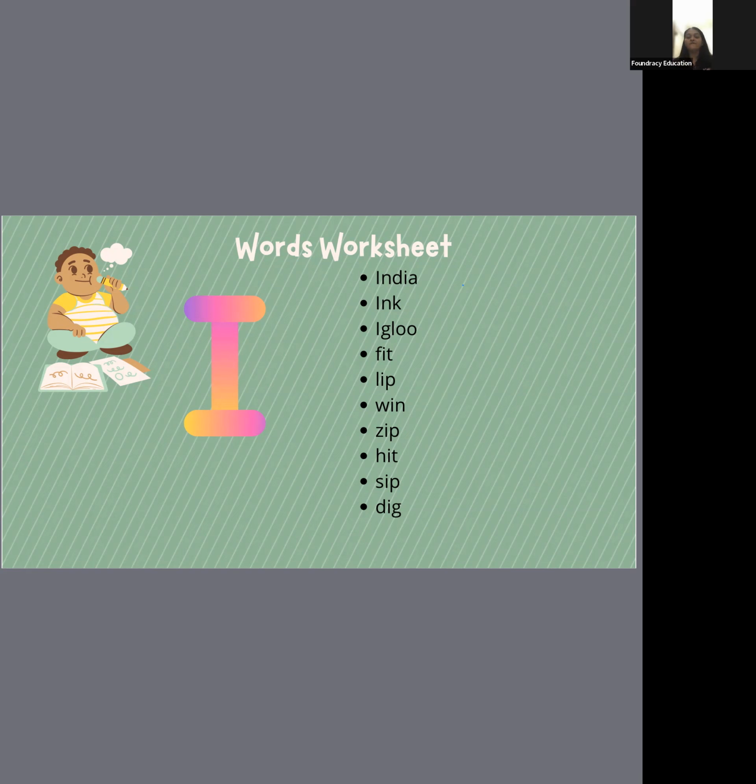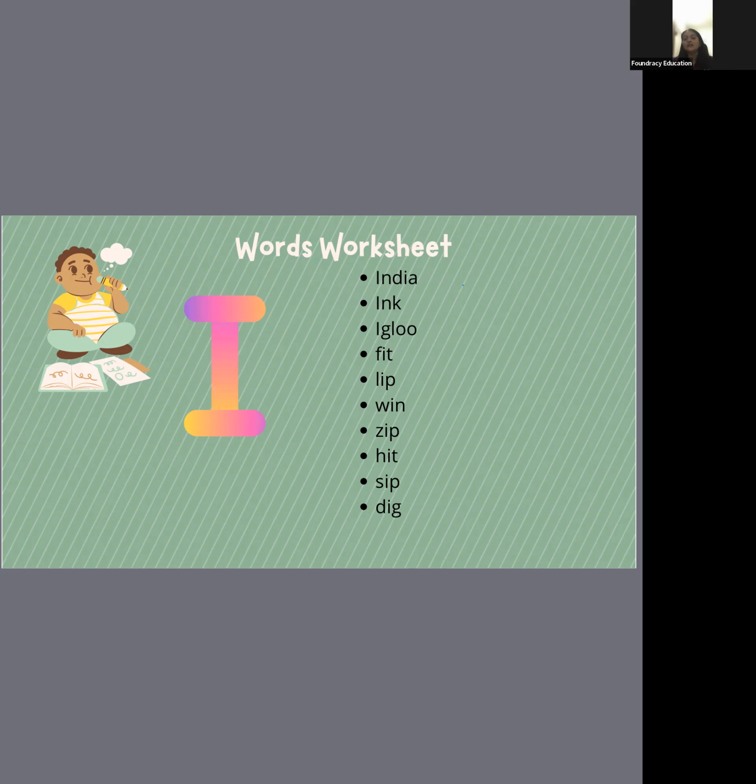So the sound is E. Show them this letter and they should be saying the sound by just singing the jingle. I, India, I, ink, I, glue. So that they can practice the E sound.